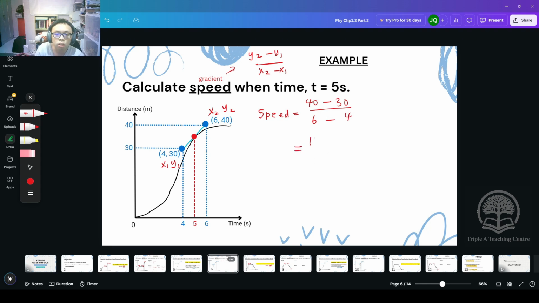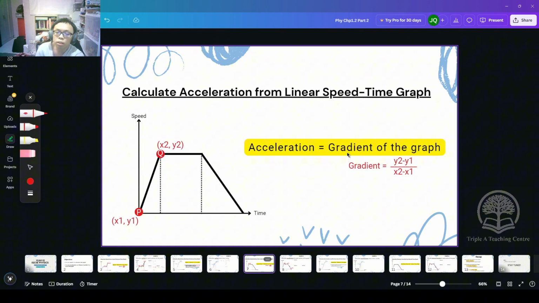Speed equals the gradient, 40 minus 30 over 6 minus 4. You do the calculation and you will get 5 meters per second. So at time t equals 5 seconds, the object is moving at 5 meters per second. So for the distance-time graph, that's all.